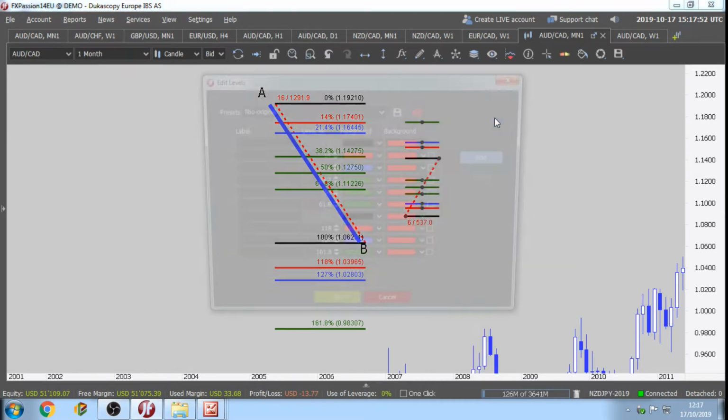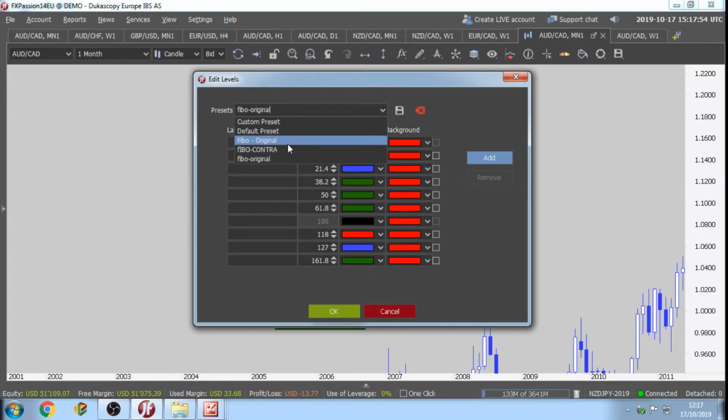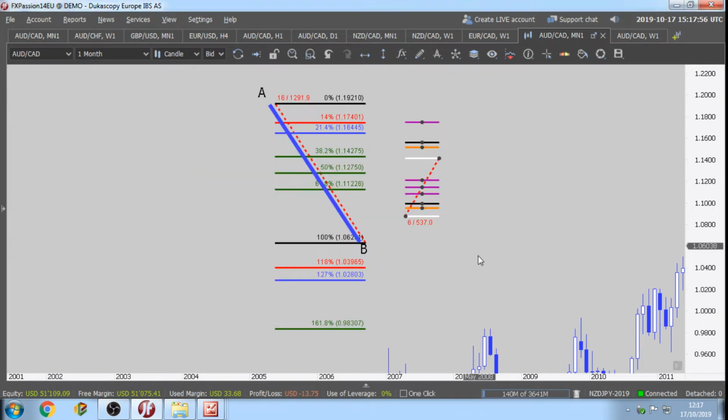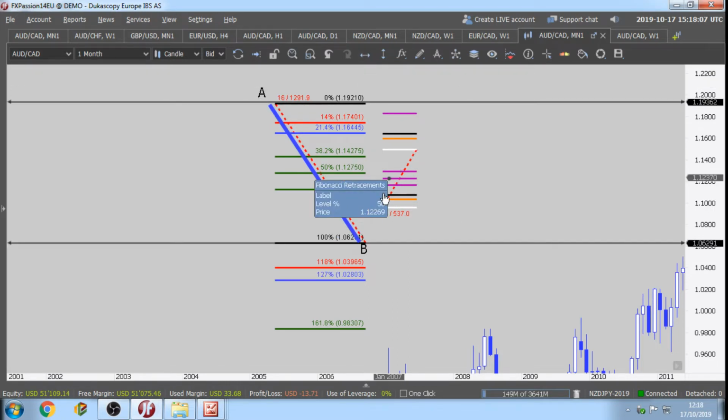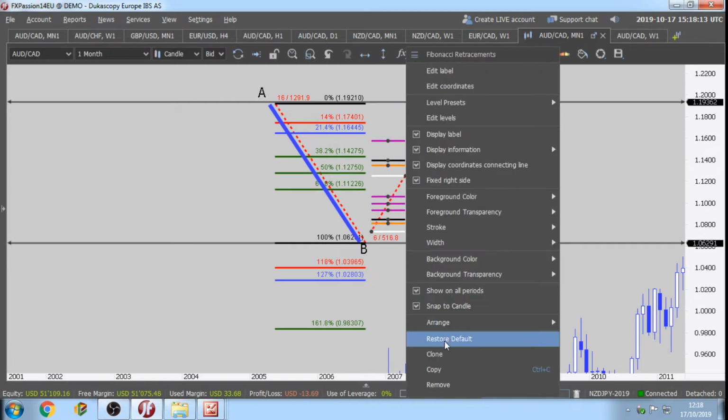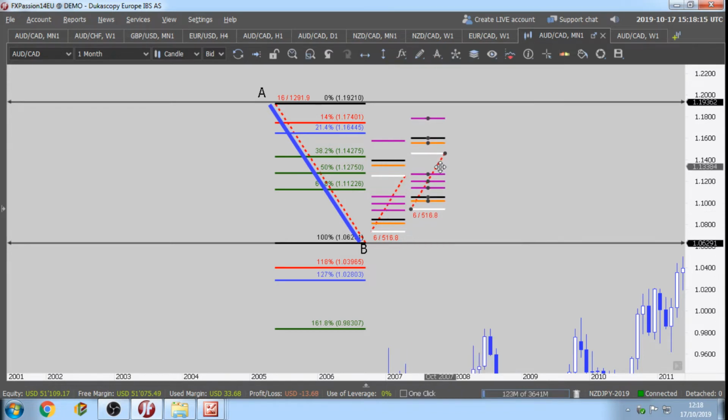Until the maximum D extension of the Fibonacci is inside the AB boundary, okay, you don't have the confirmed C. Could be here, could be here, could be here, you still don't have a confirmed C.